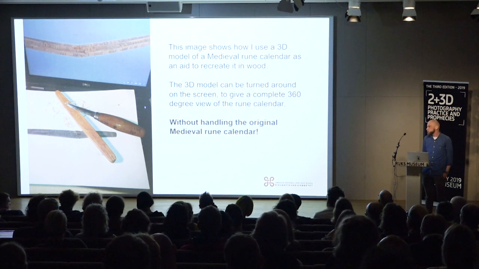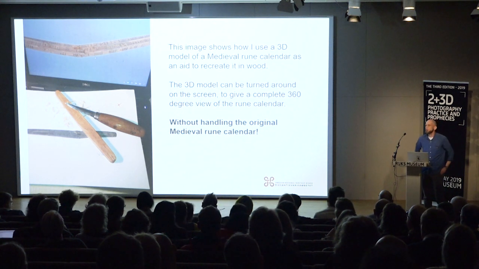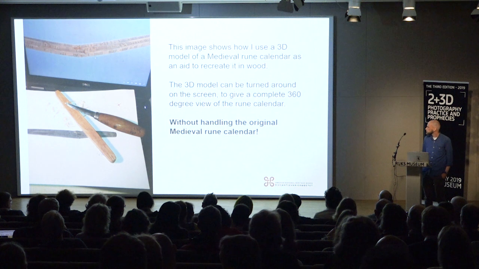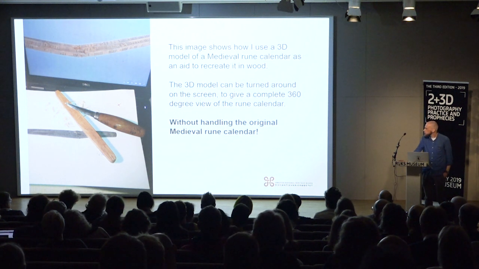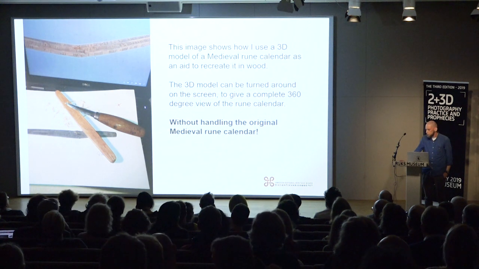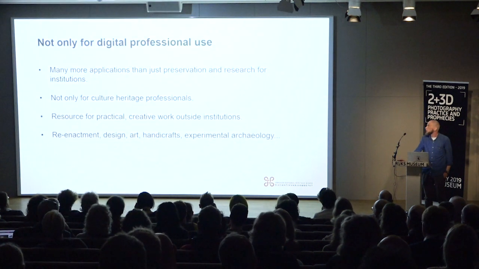That would be impossible to do at a museum, and you couldn't just handle an original medieval object in that way. So that's a way of using it, not only digitally, but also for physical interpretations.